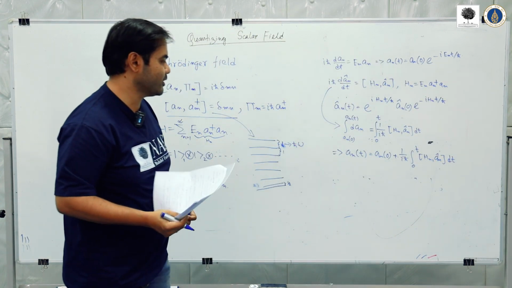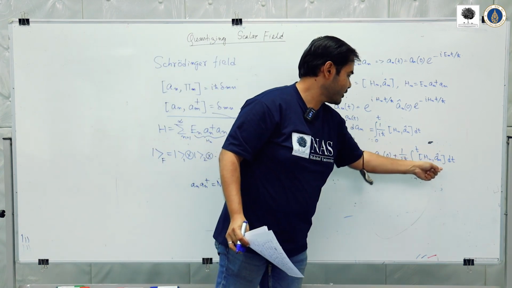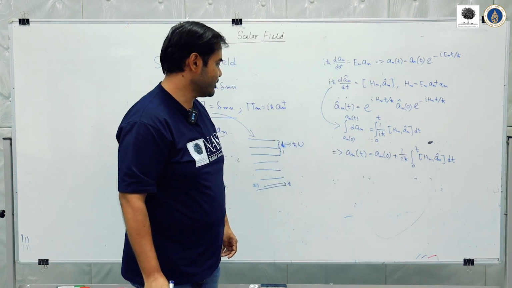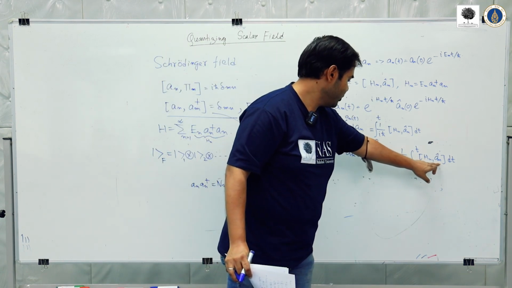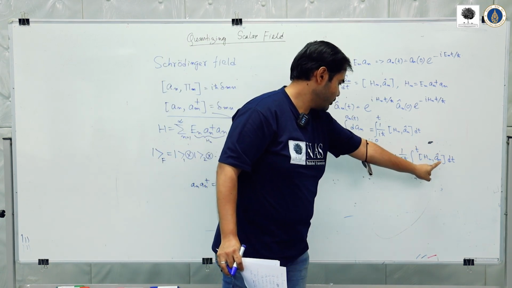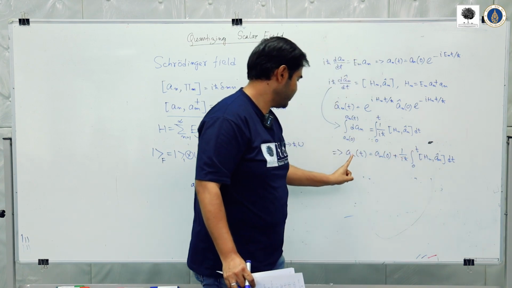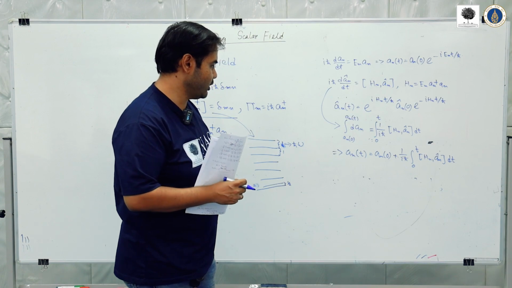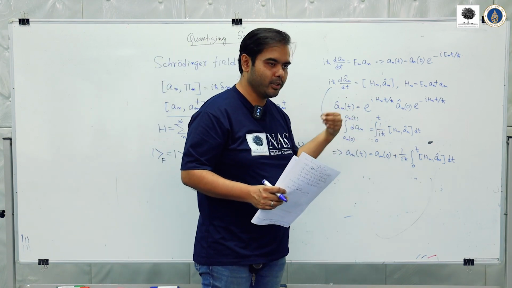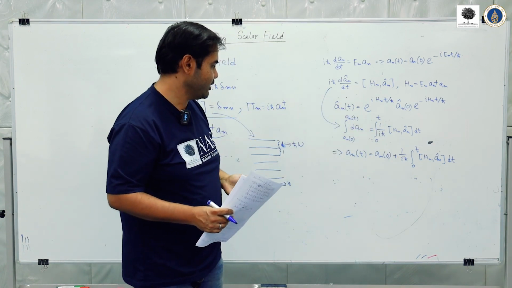So actually this is not a solution, you see the commutator again appears, but the trick is to replace iteratively this a_n with this whole expression. So write instead of this a_n the whole expression for a_n(t) inside, and you can keep on doing that term by term again and again.